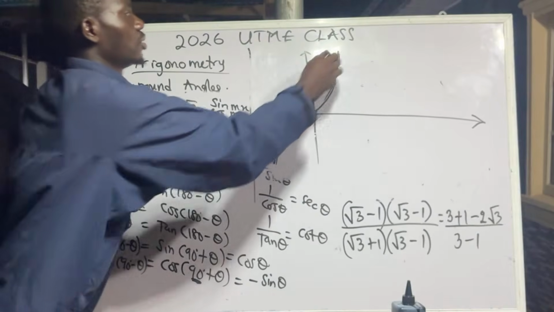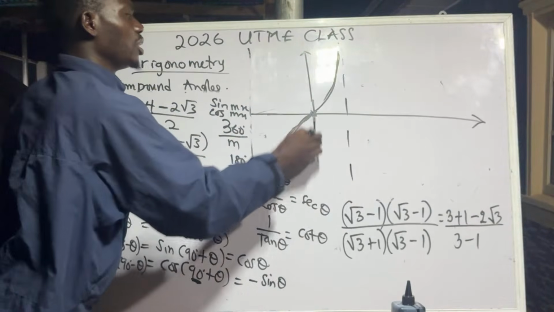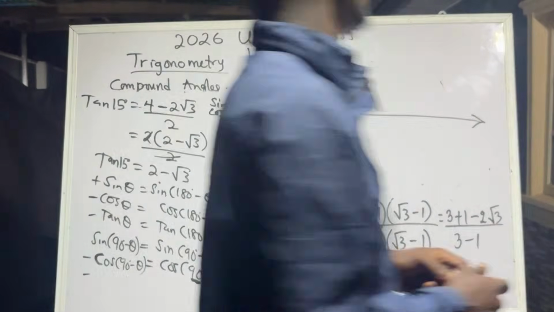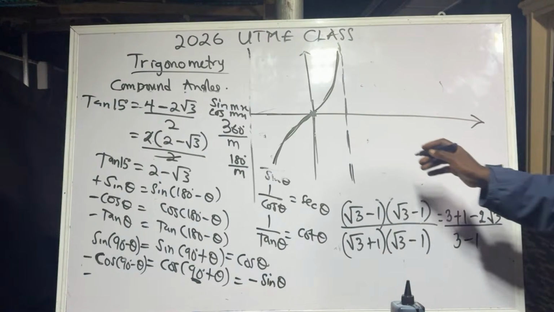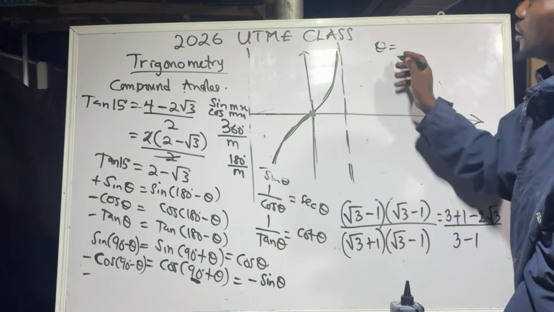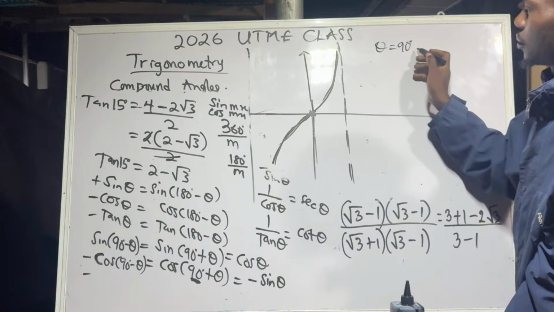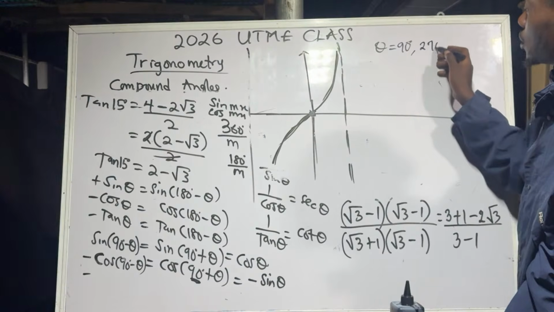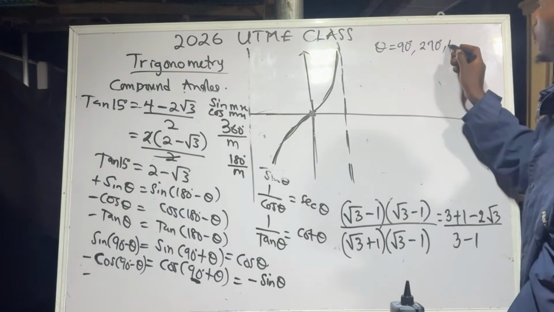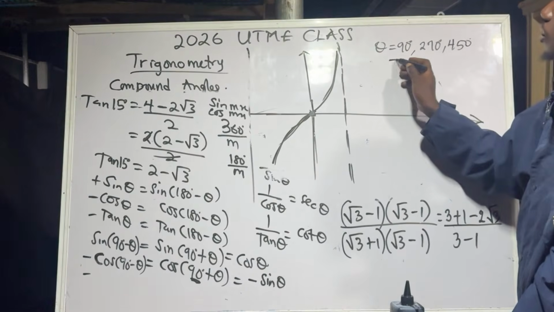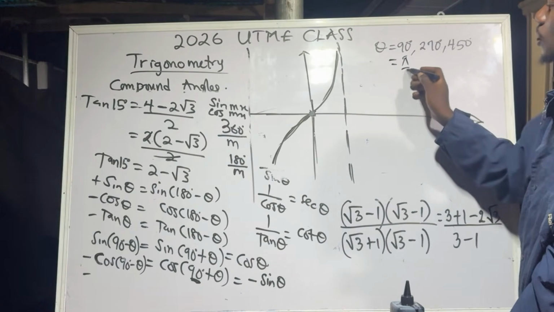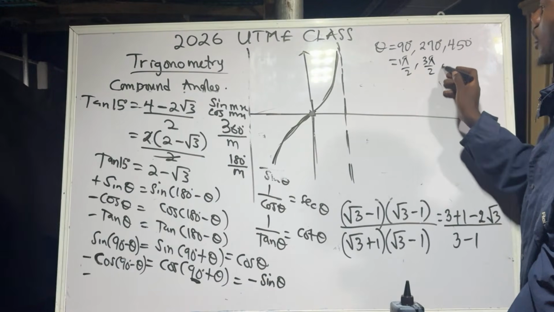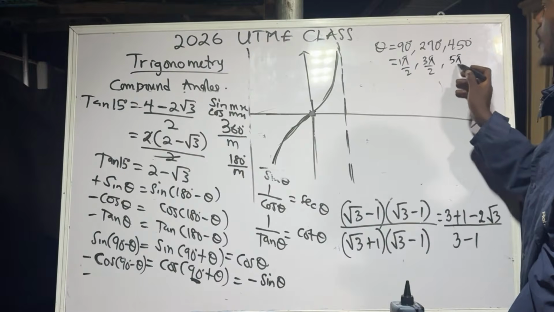Okay, so it is asymptotic where your theta is equal to 90, 270, 450. So if we express all this in radian form, this one is pi over 2, this one is 3 pi over 2, and this one is 5 pi over 2.